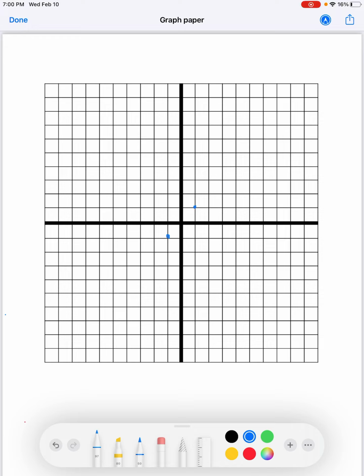So 2, 1/2. So we go down here. And then same thing for this one, 2, 1/2. And then 1/3, and then 4, 1/4, 1/5, 1/6, 1/7, 1/8, 1/9, 1/10. And then we do the same thing on here.